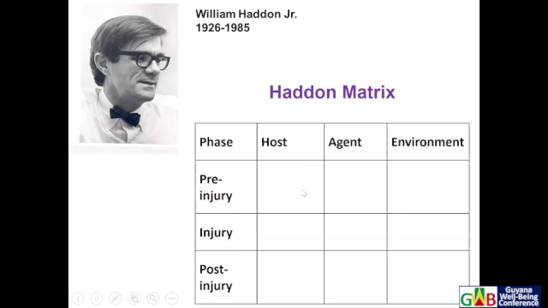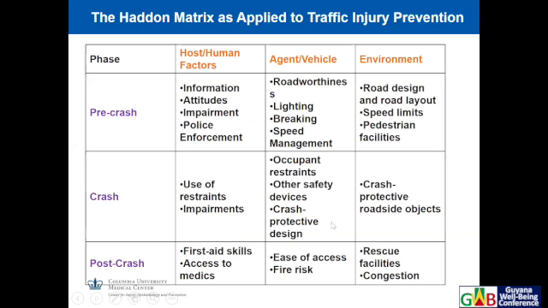And this has served as a conceptual model for brainstorming or developing prevention strategies for specific injuries. An example of the Hayden matrix being used to identify strategies to prevent motor vehicle or road trauma.